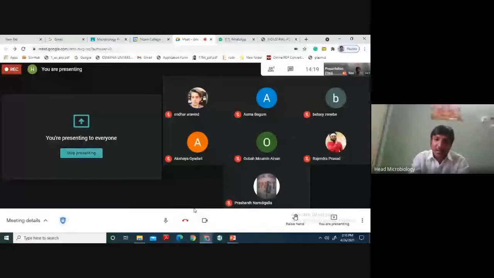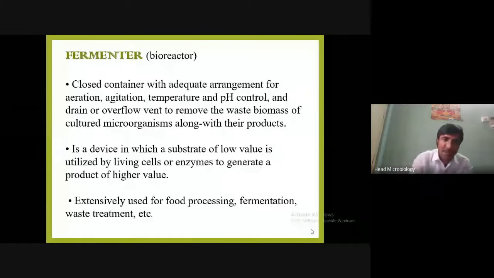A fermenter is a closed container with adequate arrangements for aeration, agitation, temperature, pH, and drain or overflow to remove the waste biomass and cultured microorganism. A fermenter should be required.